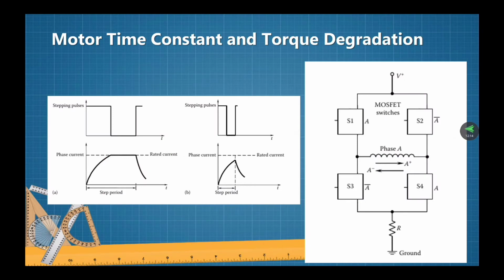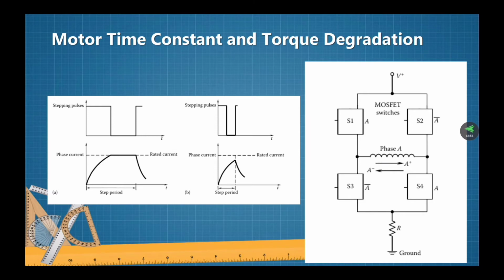For the motor time constant and torque degradation, as the torque generated by a stepper motor is proportional to the phase current, it is desirable for a phase winding to reach its maximum current level as quickly as possible when it is switched on. Unfortunately, as a result of self-induction, the current in the energized phase does not build up instantly when switched on.